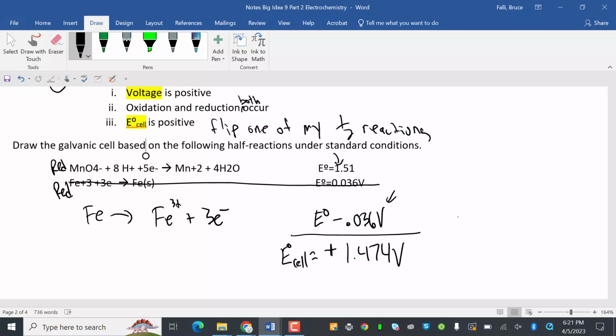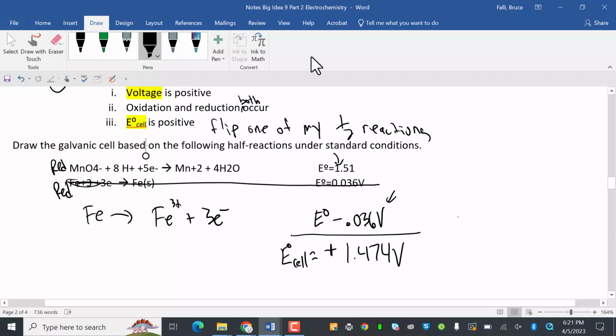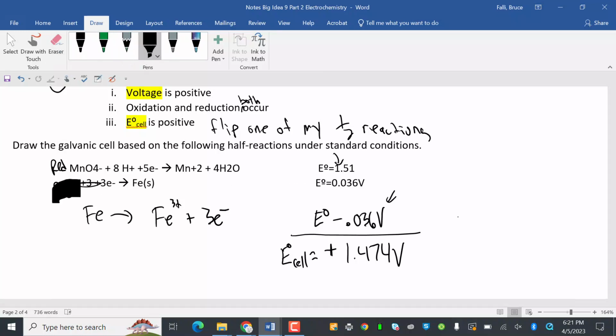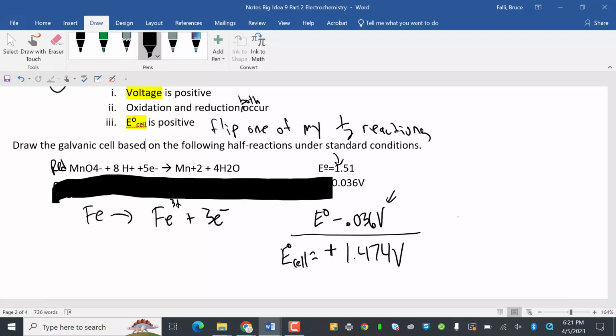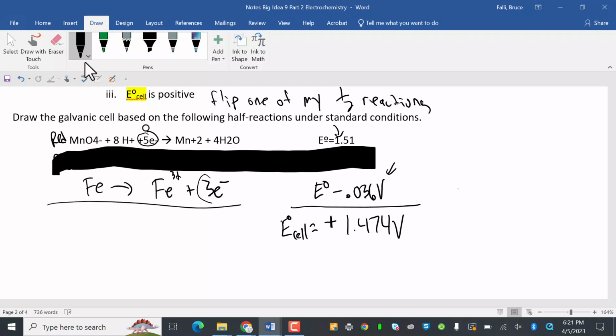Now just to get the overall reaction. Remember how I got rid of this? Let me get rid of this a little more effectively. Now my overall reaction would be combining these. Do you see how I have 5 electrons here and 3 electrons here?